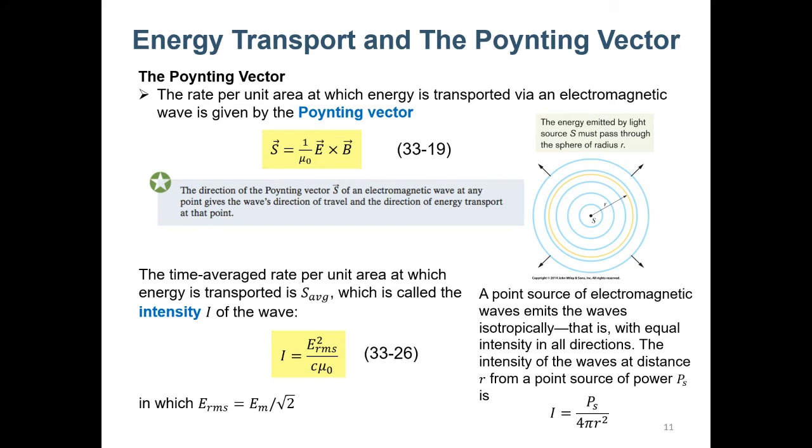So the energy should be conserved. The surface area is larger, so the energy density becomes lower as the light transmits farther and farther.